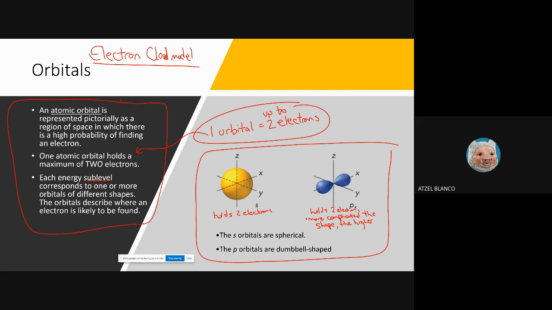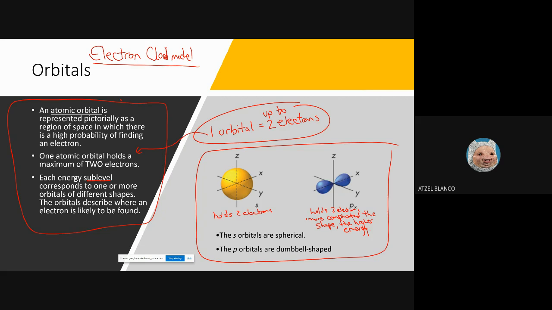So electrons that are in p orbitals will have higher energy than electrons that are in s orbitals. And so that's important to know. The more complicated the shape, the higher the energy. So electrons that are found in these orbitals are higher energy than electrons that are found in these orbitals. That's something to be aware of.